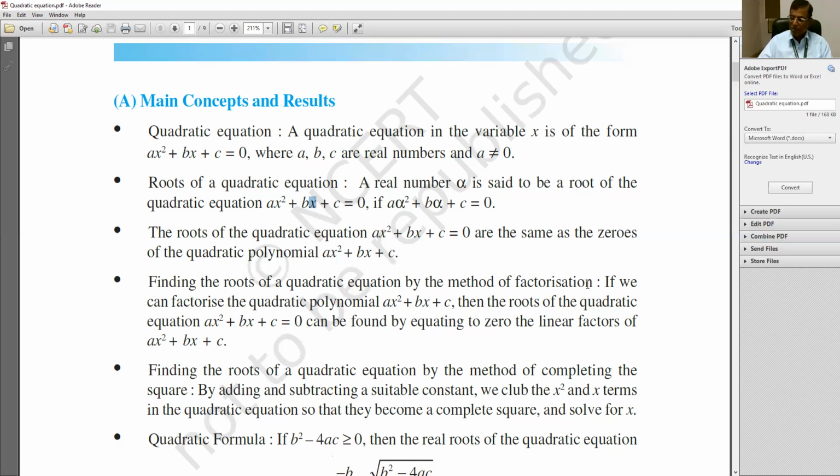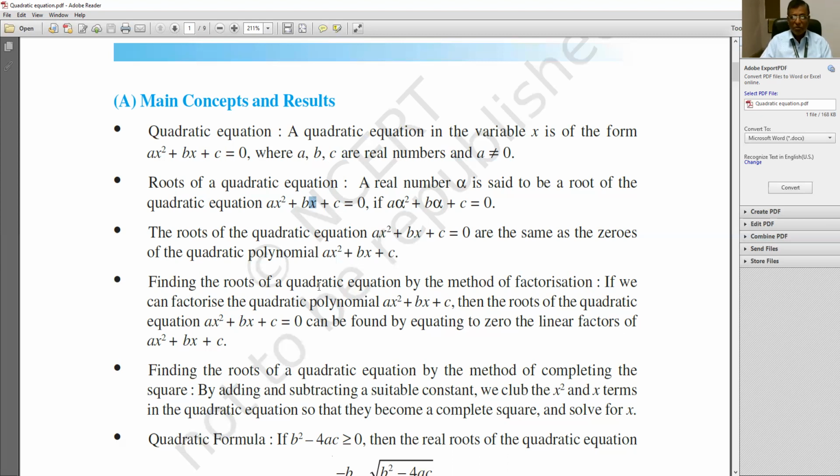If you take this quadratic expression ax square plus bx plus c, then the corresponding equation will be ax square plus bx plus c is equal to 0. And if you take alpha and beta as the roots, then ax square plus bx plus c will be a into x minus alpha into x minus beta.